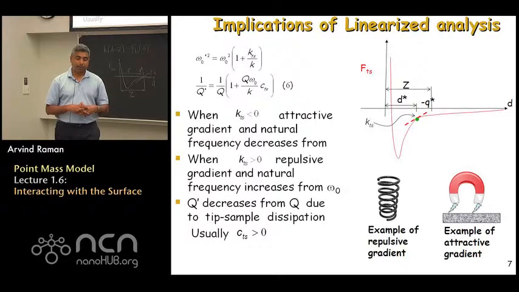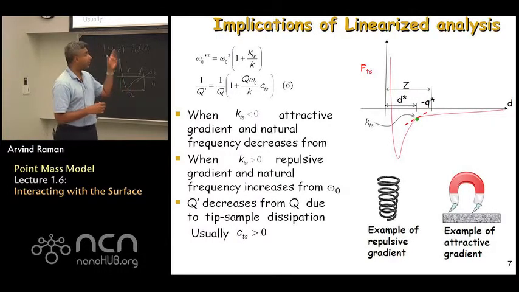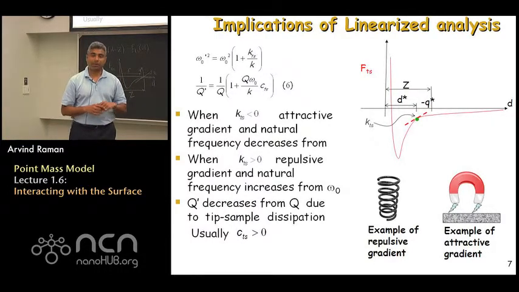And traditionally, KTS is written in a way such that, when described as the gradient of the tip-sample interaction forces, when this quantity KTS is negative, we have what's called an attractive force gradient. To explain this better, look at the graph on the top left, where I've got a canonical tip-sample interaction force profile.